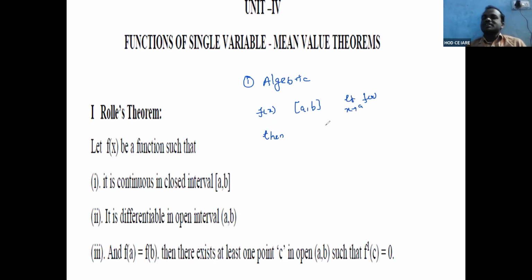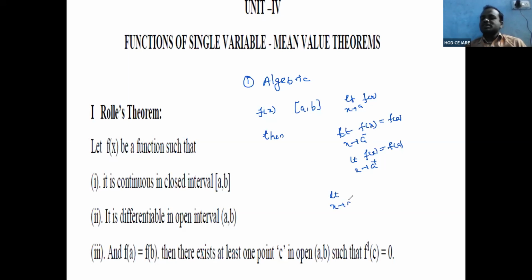So limit x tends to a minus, the negative side, means LHS, we have f of x equal to f of a, and limit x tends to a plus, the right hand side, f of x is equal to f of a. So both are equal.